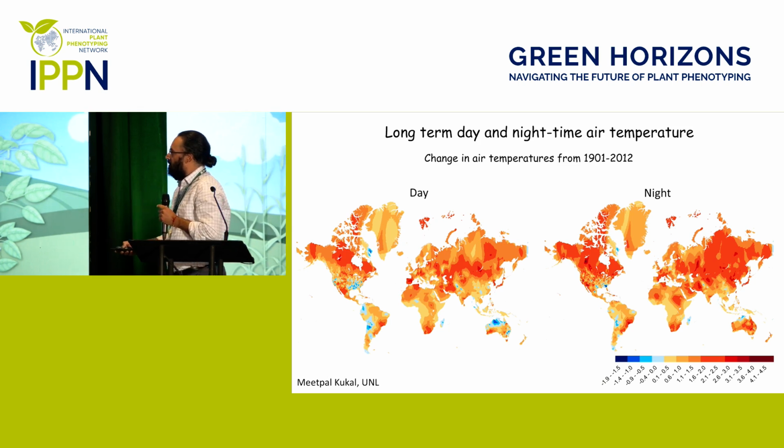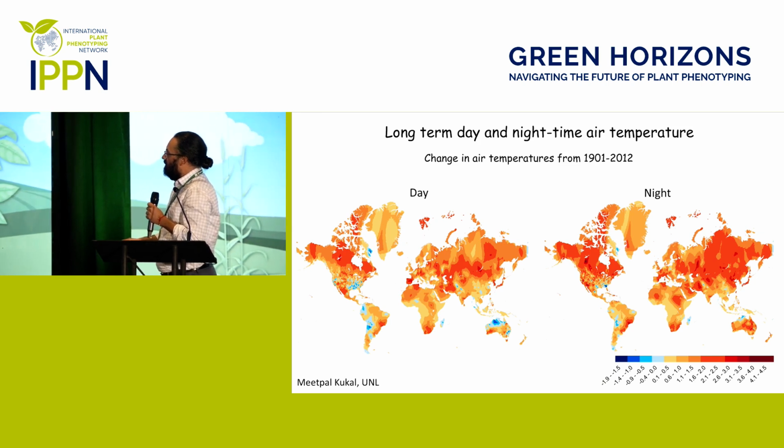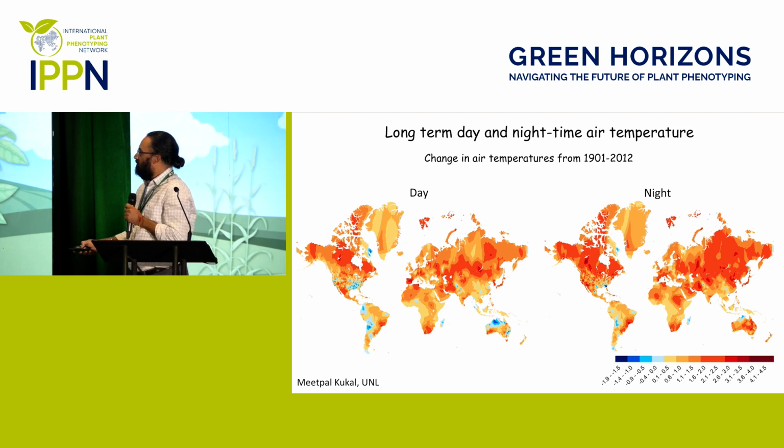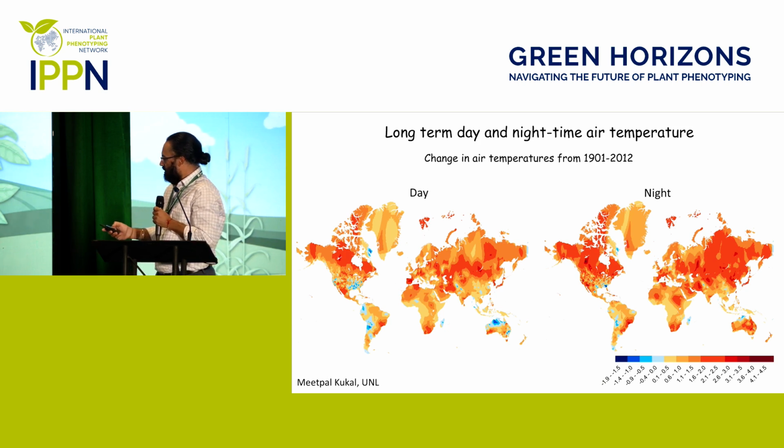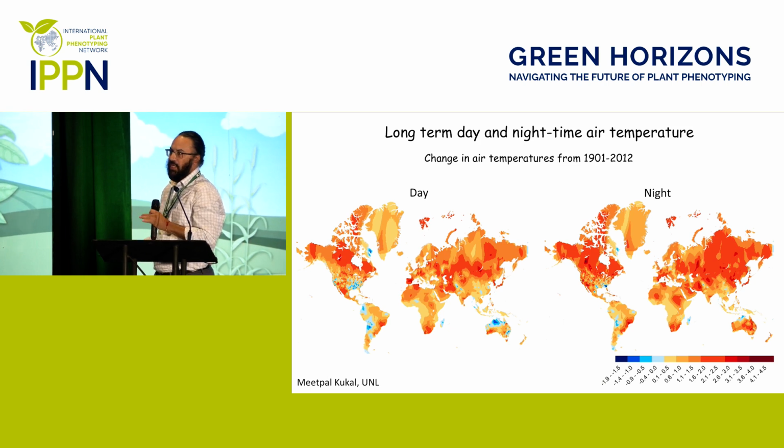The two key things I want to point out here is that there's a lot more nighttime increase in temperature as opposed to daytime, because there's a lot more red that you see on your right. The second thing I want to point out is the daytime highs seem to be very speckled or sporadic spatially, whereas the nighttime increases seem to be more widespread and more continuous.